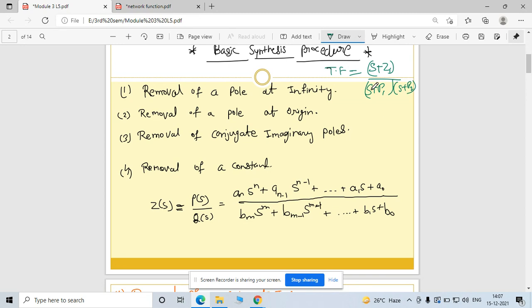The degree of the denominator is 2 and the degree of the numerator is 1, so you have to balance both degrees. So we generally assume that one zero is at the location of infinity, right?